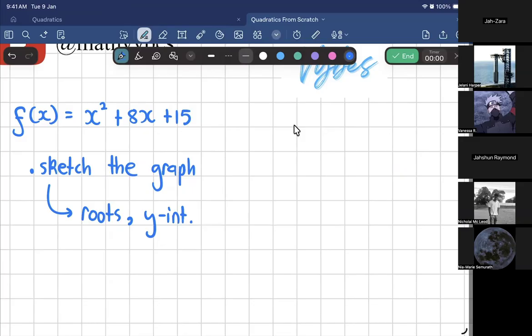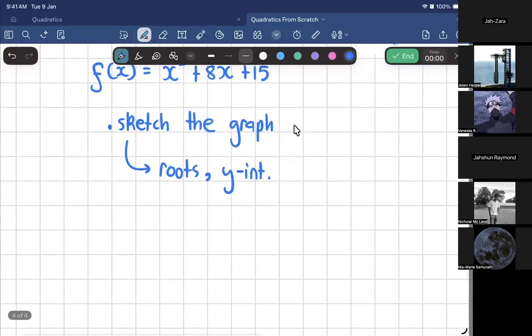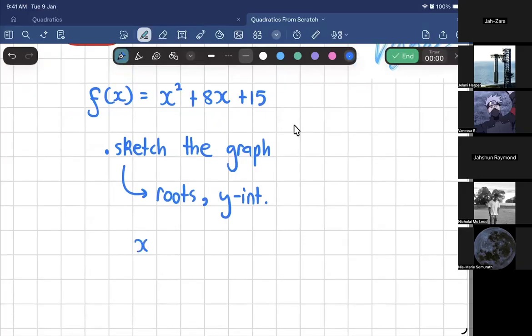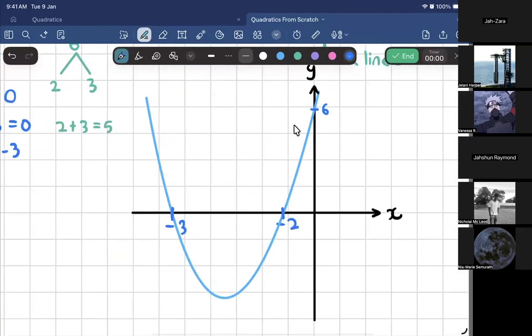So, if we're trying to figure out the roots, what's another name for roots? X-intercept. Right. And at the x-intercept, what is f of x equal to? If you're on the x-axis itself, what is the y value? 0. Let me explain why.